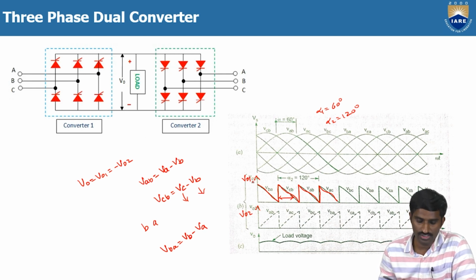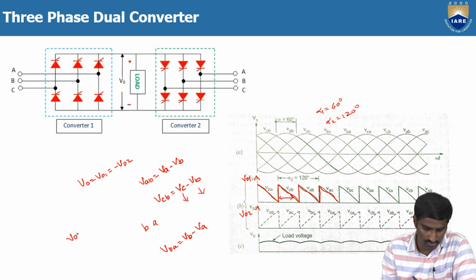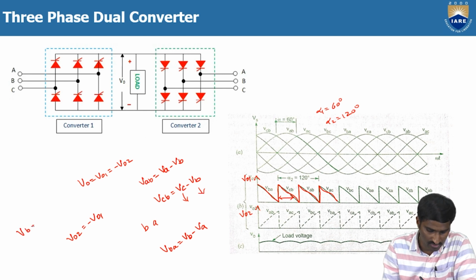And when coming to V02, as we know, V02 is equal to minus V01. During the first 60 degrees, we get VBA for V01, and for V02 you will get VAB instead of VBA.